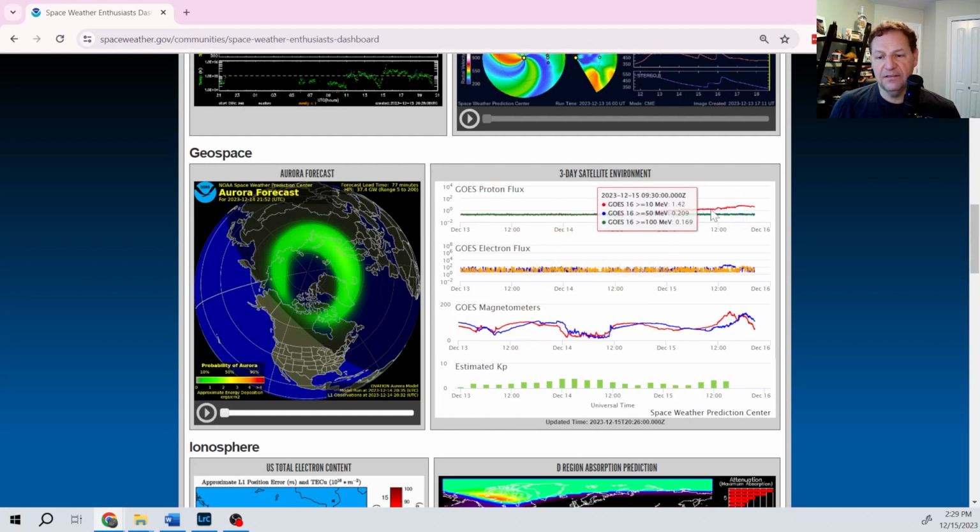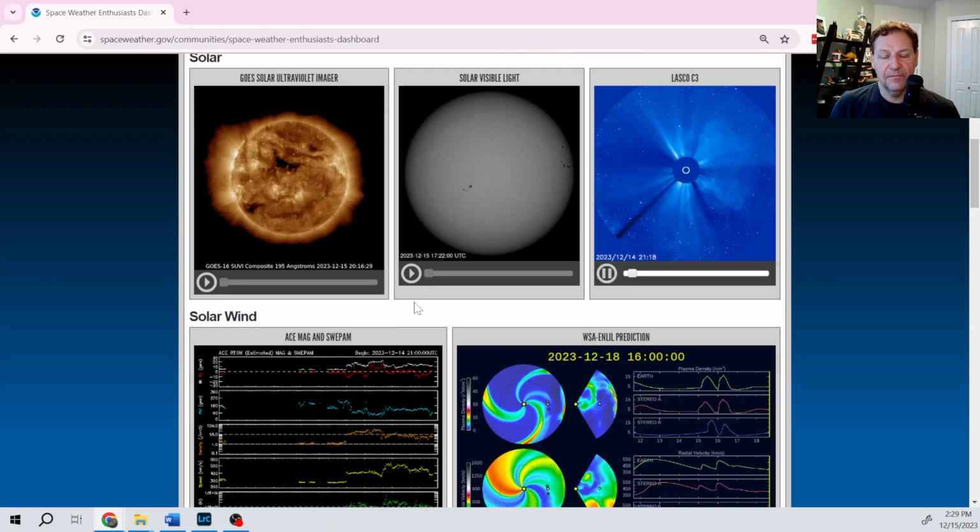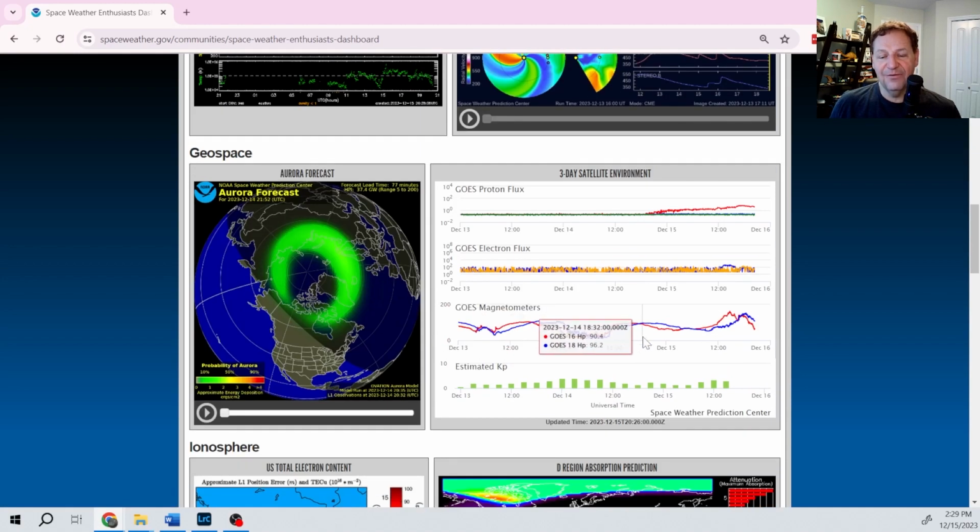Proton fluxes, that's going up just like it is in this one. So mainly what's streaming off the sun is hydrogen atoms, because that's what the sun is mostly made out of. Those atoms get ripped apart in the sun and split into just the protons and the electrons, and they flow out separately as plasma.